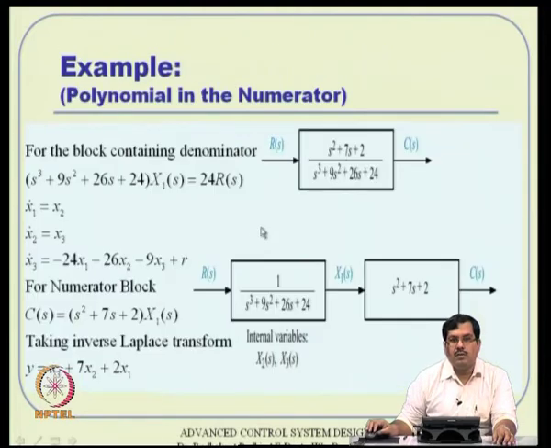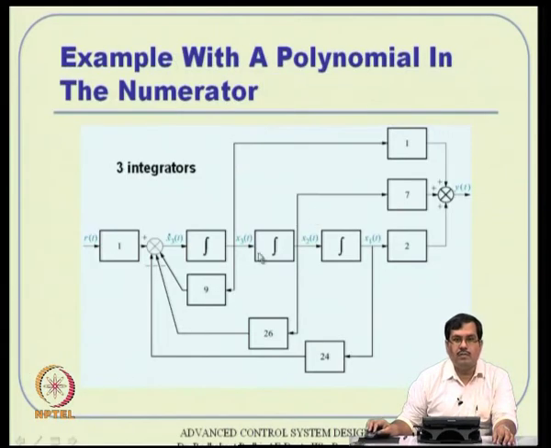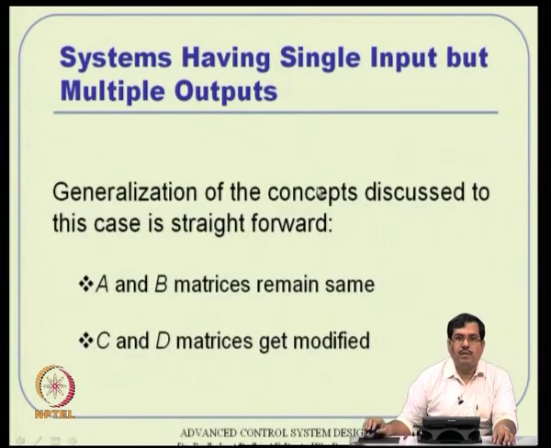Remember this is x3 plus 7 x2 plus 2 x1. So, there is an x3 component, which I take through 1, there is an x2 component, which I multiply by 7, and an x1 component multiplied by 2. Then I sum them together to get y. That is how I represent it.